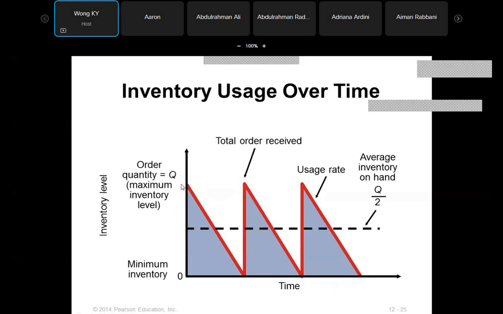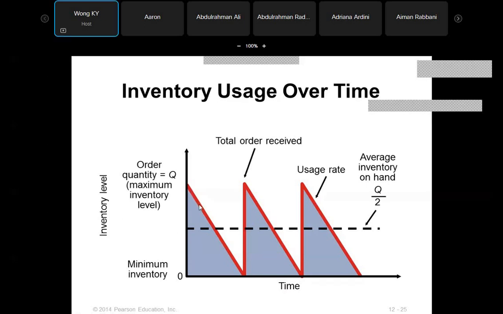As time passes, this inventory will be used, consumed. You take it out from the warehouse to make your products, or send it to your customers. So as time passes, the level of Q will decline. We assume the usage rate is linear because the line is a straight line.